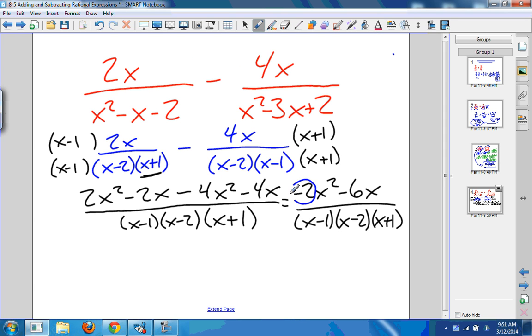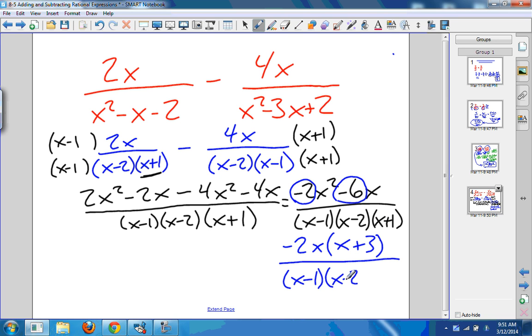Negative 2 and negative 6. The greatest common factor between them is negative 2. And they also have an x in common. So I could say this is x plus 3. We can double check by saying negative 2x times x is negative 2x squared. That works. And negative 2x times our 3 would give me negative 6x. That's right. Alright, so all this over our big long common denominator, x minus 2 times x plus 1.